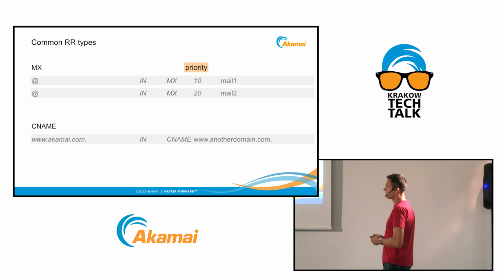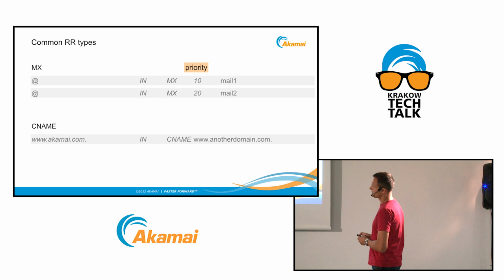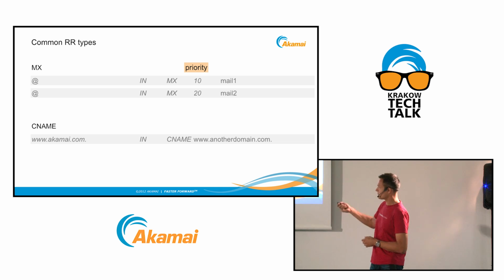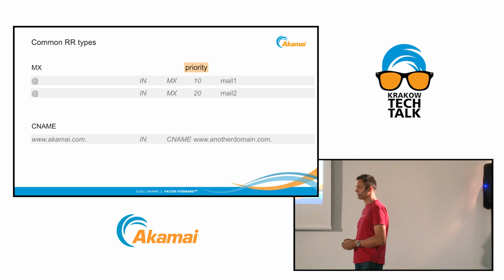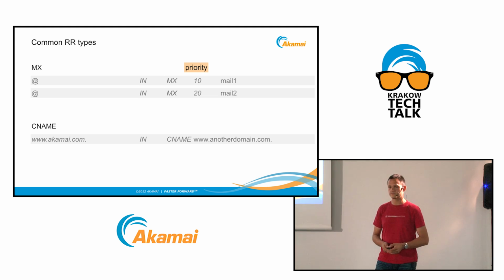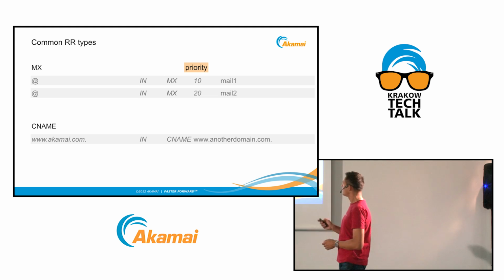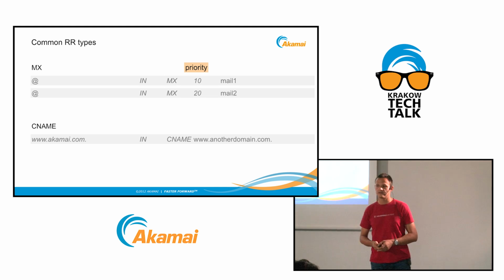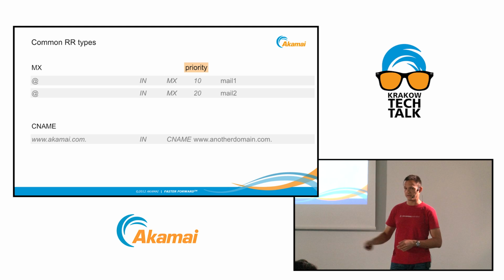And again, we have a name that will be replaced by the domain name. We don't have time to live here because it's not required in this example, but you may have it, obviously. Additionally, we have priority. The lowest priority takes precedence, so it will be used. We also don't have a trailing dot, which means that, again, the origin directive will be automatically appended.